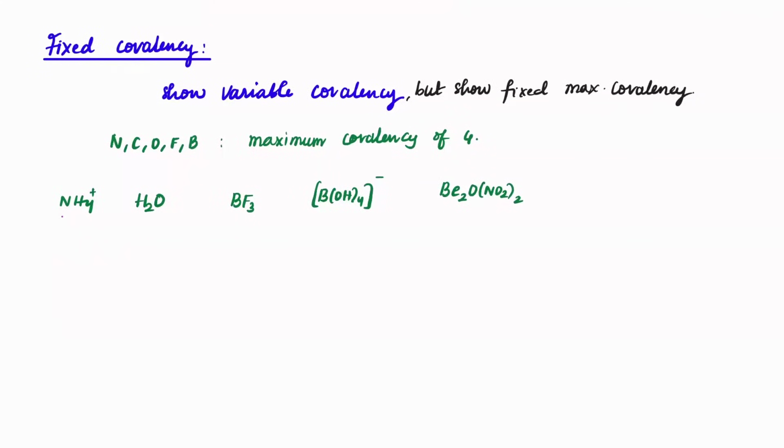So here nitrogen has 4 bonds, oxygen has 2 bonds, boron has 3 bonds, boron has 4 bonds. Here, oxygen is making bonds with two berylliums this way, and another two bonds with NO2 and NO2. So that makes a total of 4 bonds again. So here also we have 4 bonds. Got it?